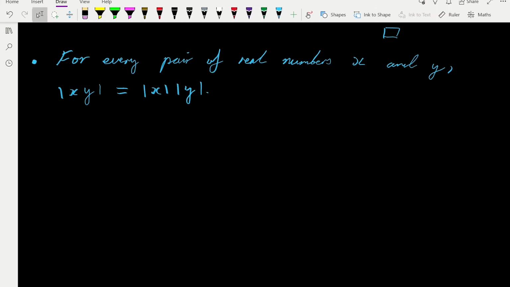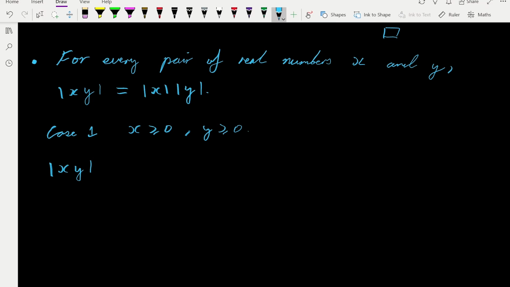Okay, so case 1 is both of them are greater than or equal to 0. So x is greater than or equal to 0, and y is greater than or equal to 0. Well, what can we say about the absolute value of x times y?